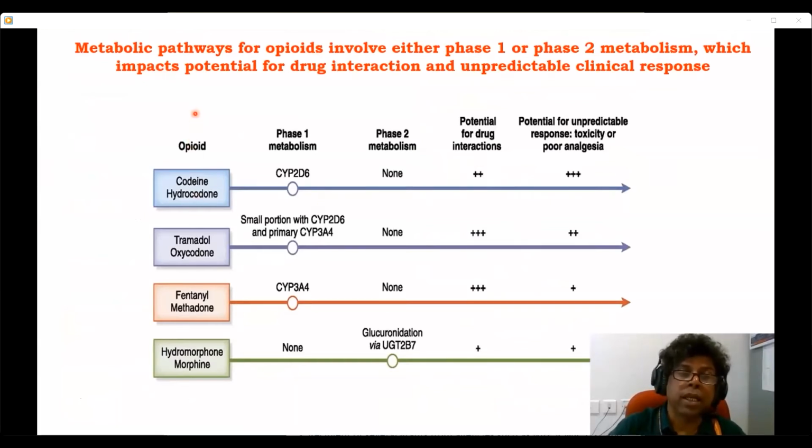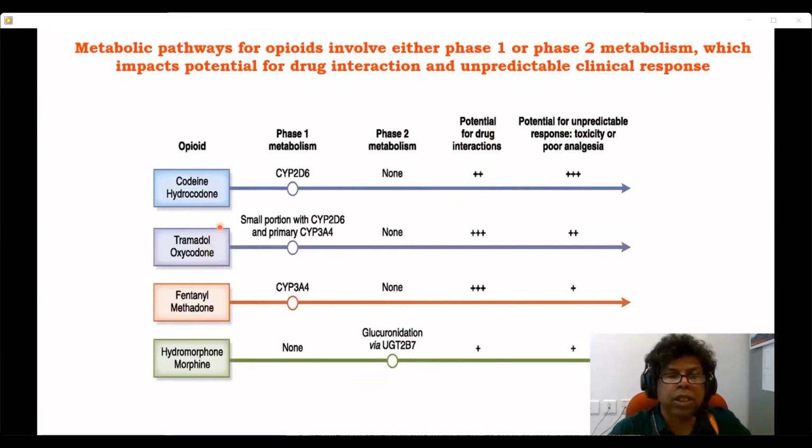So if you look at the different opioids here, codeine and hydrocodone undergo phase 1 metabolism by the CYP2D6 enzyme, with no phase 2 metabolism. You have a potential for drug reaction based on the grade, a potential for drug interactions, and it is very highly likely to have a toxicity or poor therapeutic outcome.